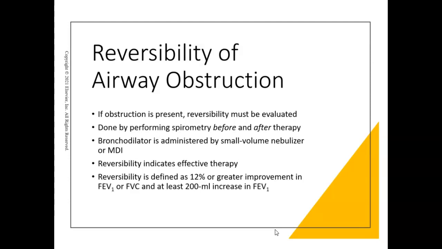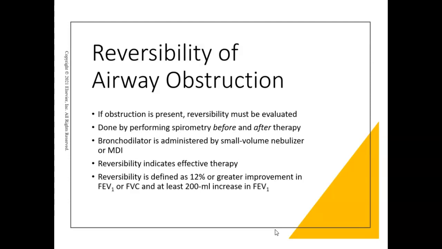So a truly just emphysema patient might not have a big change in their pre-post bronchodilator. But an asthmatic or a chronic bronchitis patient does have some level of bronchoconstriction that's causing the obstruction, and they will show a significant change pre-post.